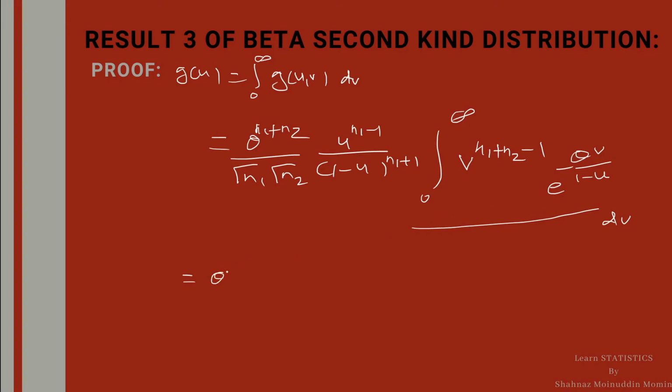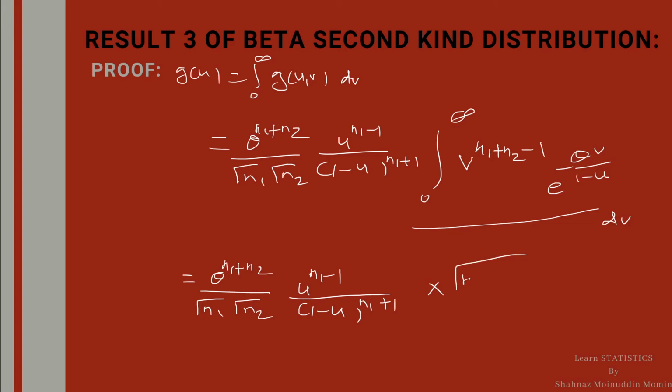So it is theta raised to n1 plus n2 over gamma n1 gamma n2, U raised to n1 minus 1 upon 1 minus U raised to n1 plus 1 multiplied by gamma n1 plus n2 divided by theta upon 1 minus U raised to n1 plus n2.